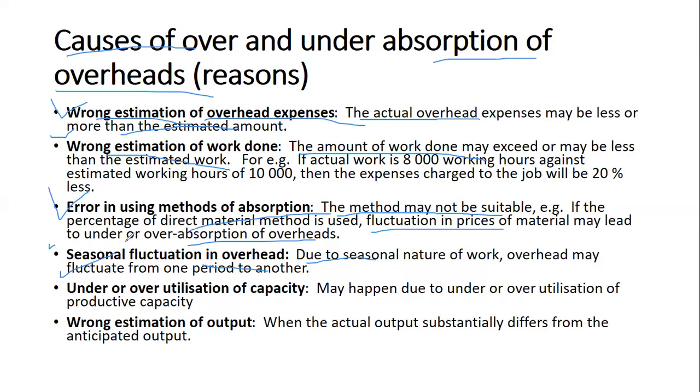And under or overutilization of capacity may happen due to under or overutilization of productive capacity, and also wrong estimation of output, when the actual output differs substantially from the expected output.